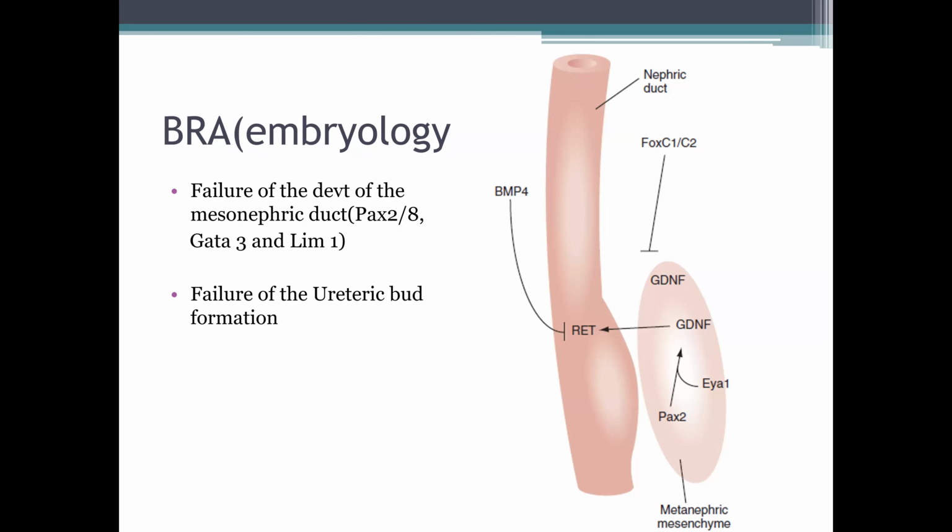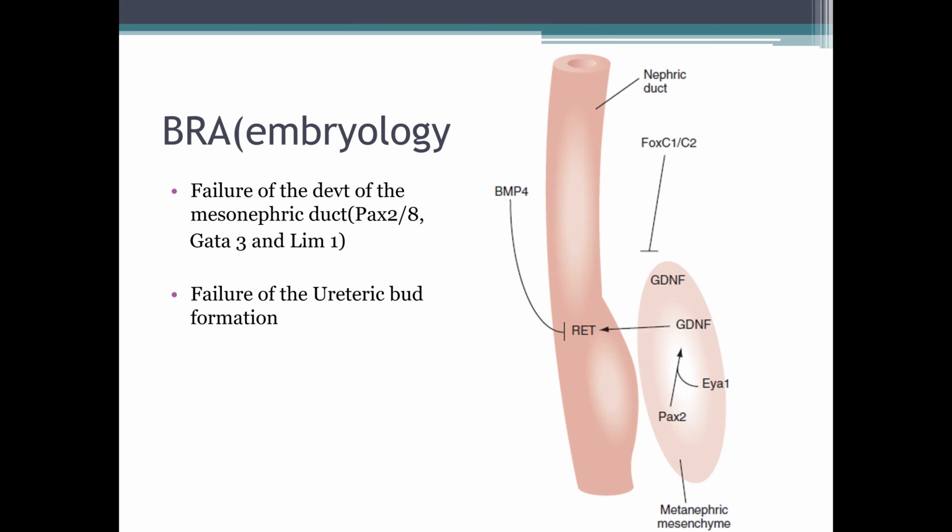And so we said that failure of development of one actually also affects the development of the other. And so we are saying in bilateral renal agenesis, there may be failure of development of the mesonephric duct, from which the ureteric bud develops. And also there may be failure of the ureteric bud to form.